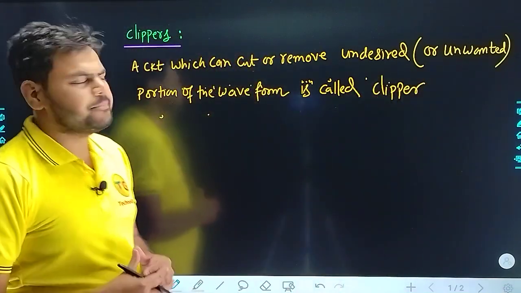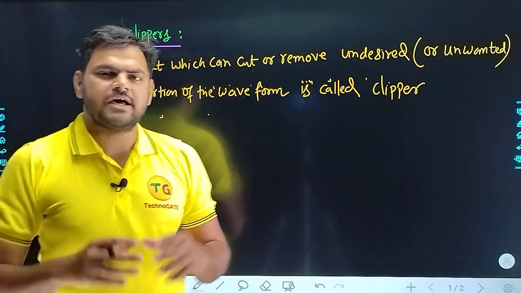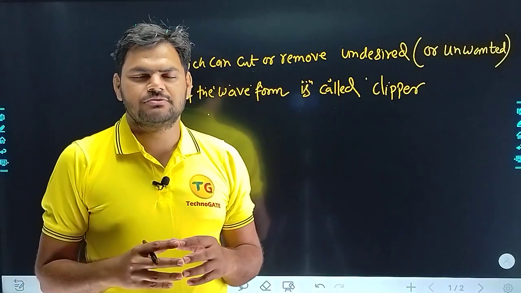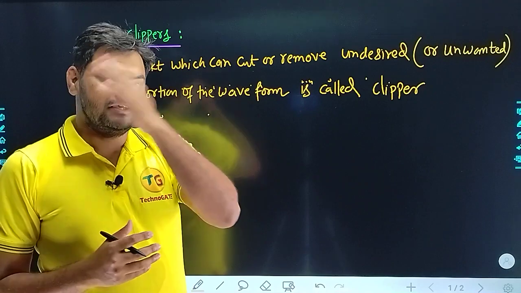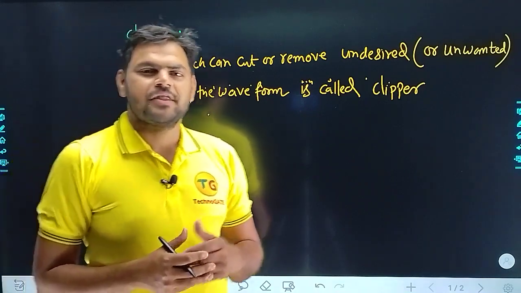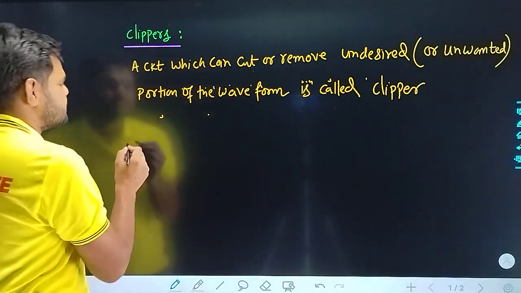Of course, a clipper can basically make the waveform an amplitude-limited waveform. Suppose we have removed a certain section of the amplitude, so the clipper circuit is also called an amplitude limiter circuit.